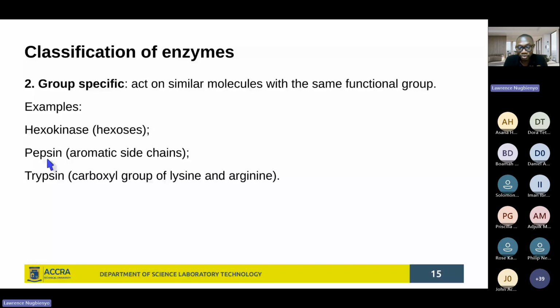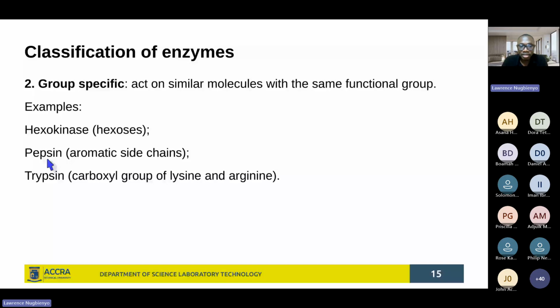So pepsin will recognize that amino acid, and then it goes in to break the peptide bond that amino acid has formed with other amino acids.